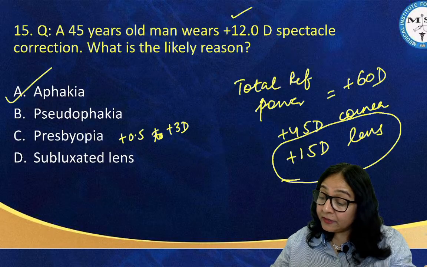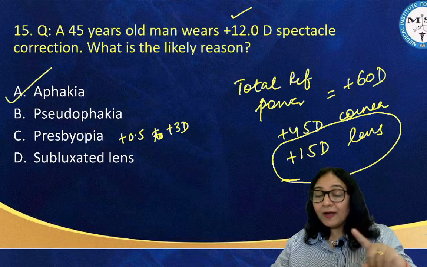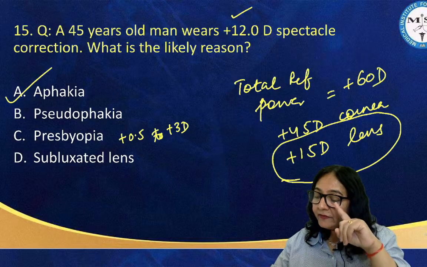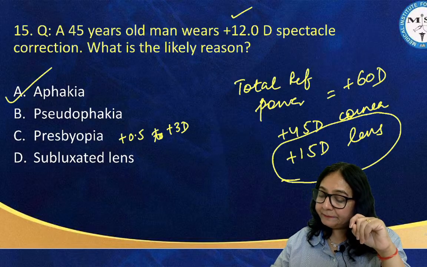So, ठीक है बेटा, अगर ptosis में lid lag था, so again the answer will not change. The answer will again be third nerve, beta.